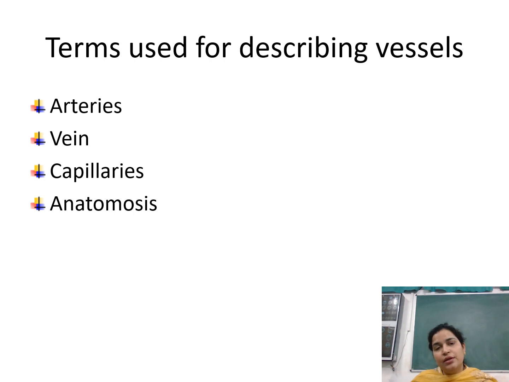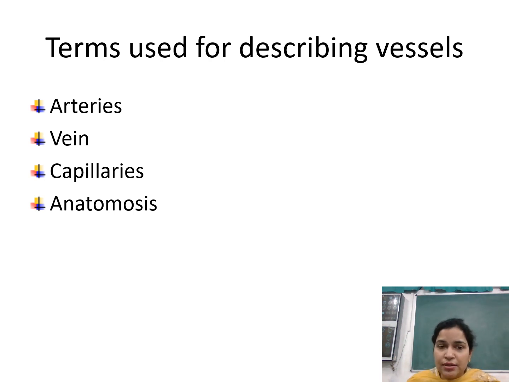All the veins carry deoxygenated blood, but only the pulmonary veins and umbilical veins are the two exceptions, which carry oxygenated blood.